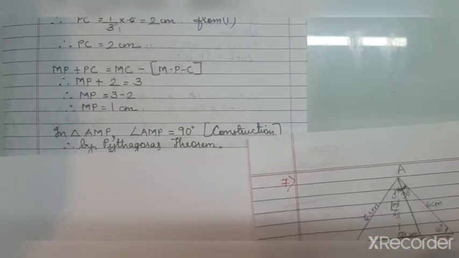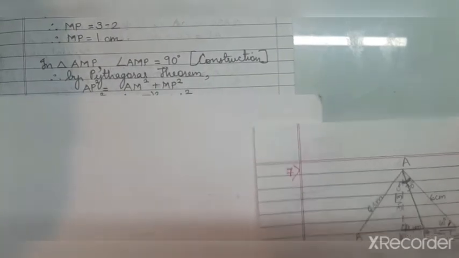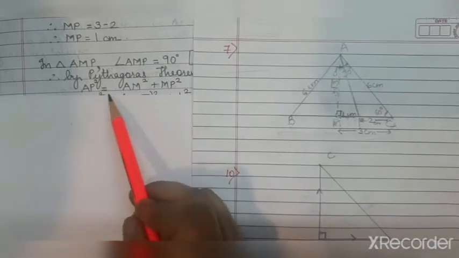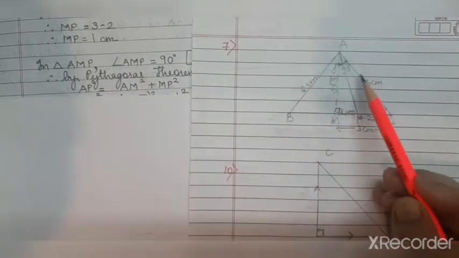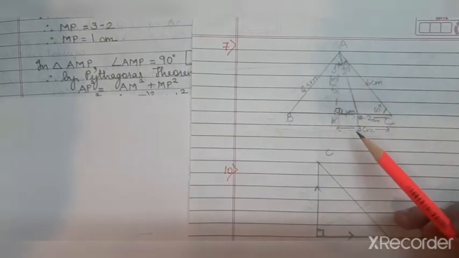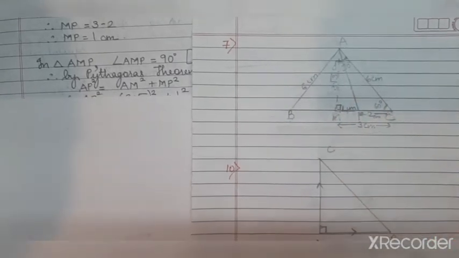So the same Pythagoras theorem will be used in this particular triangle and we can write, as you look at this property which is written here, AP square is equal to AM square plus MP square.